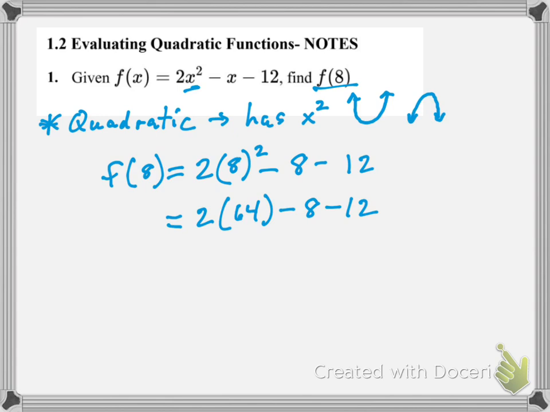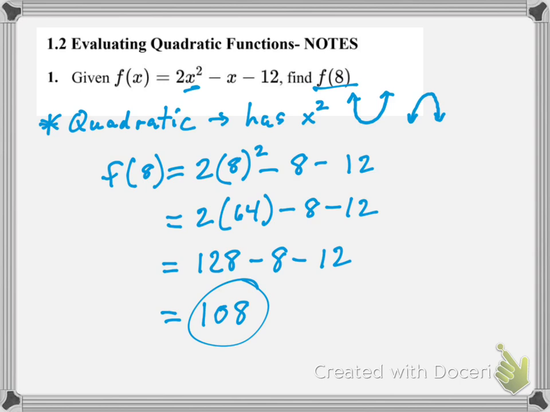You could do this in your calculator very easily. I'm just showing you where the numbers come from. 2 times 64 is 128, minus 8, minus 12. So if you do that, you get 108. But again, you can punch that right in your calculator and you'll be just fine.